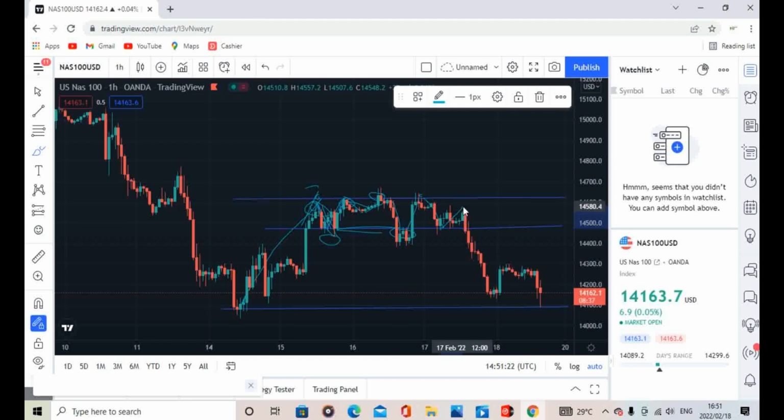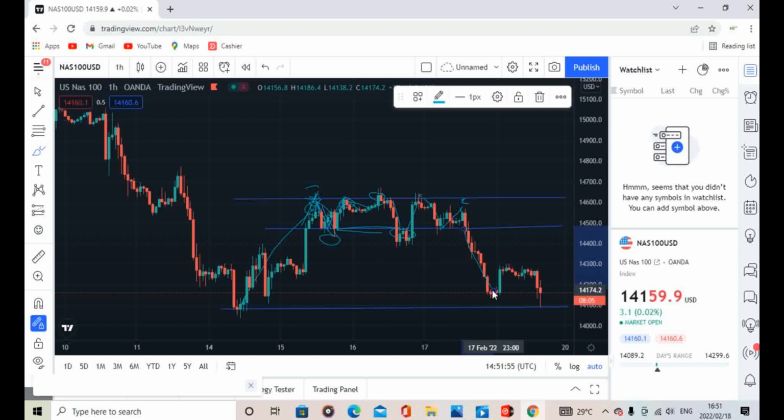Unfortunately it didn't reach here, but as you can see, the previous level of resistance here paved the way for the other resistances up here, and up here, and up here. Unfortunately this one didn't reach here, and after it broke the level of support here it went down.